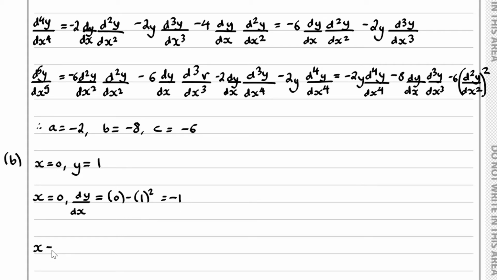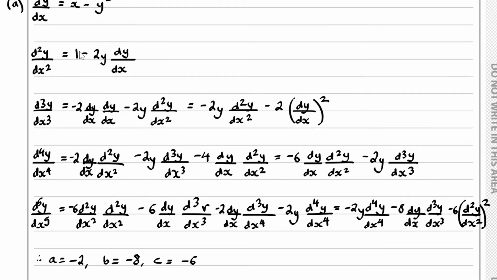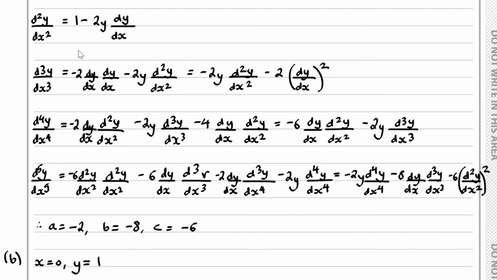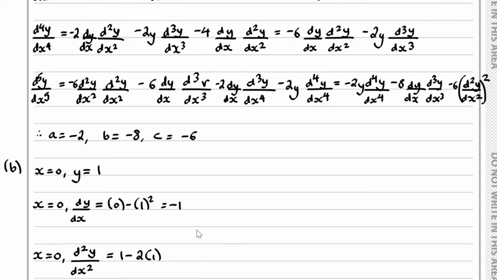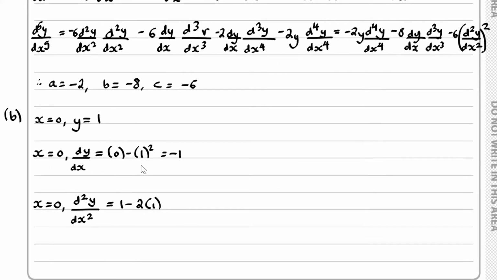When x is equal to 0, d squared y over dx squared, that's equal to 1 minus 2y times dy over dx. So we have 1 minus 2 lots of 1 lots of dy over dx, that was equal to minus 1.